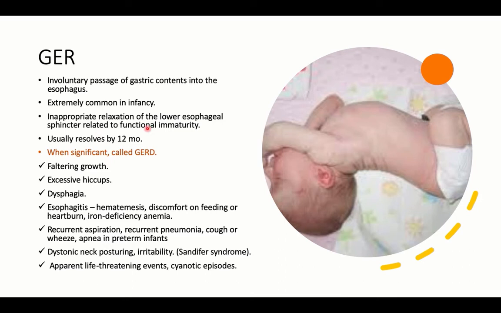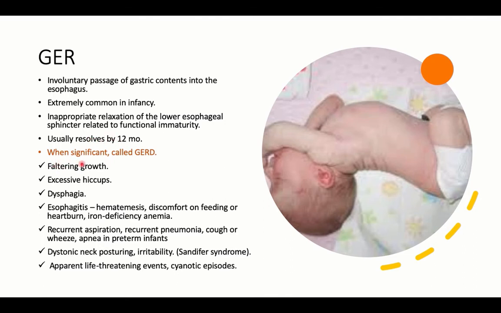So this results in reflux of gastric content back to the esophagus, associated with gastric acid, which will result in irritation of the esophageal mucosa and may end in chronic esophagitis.